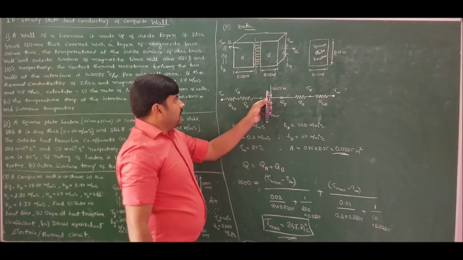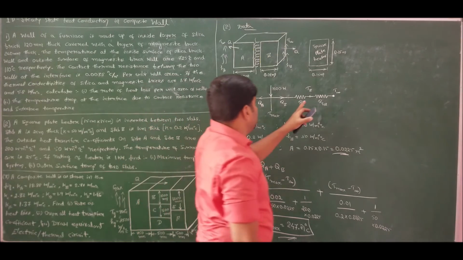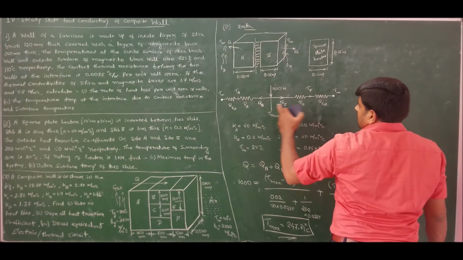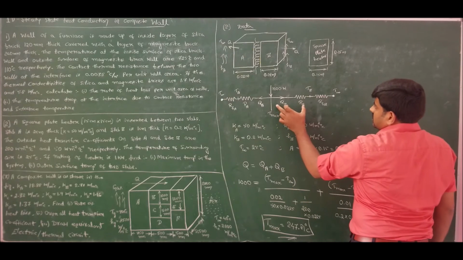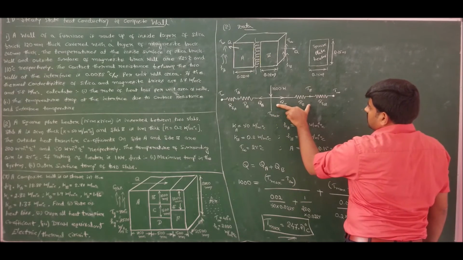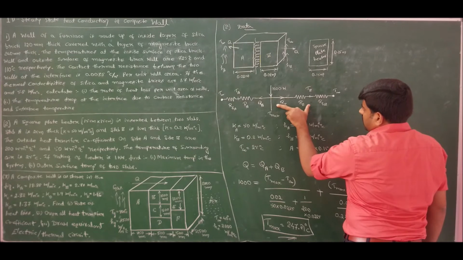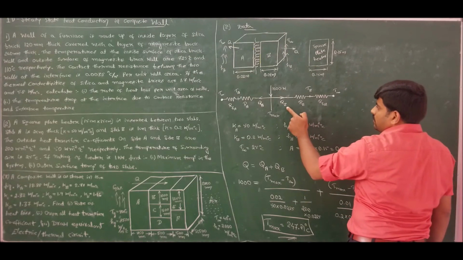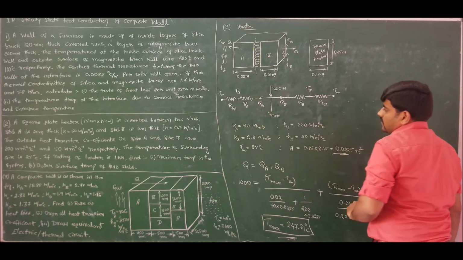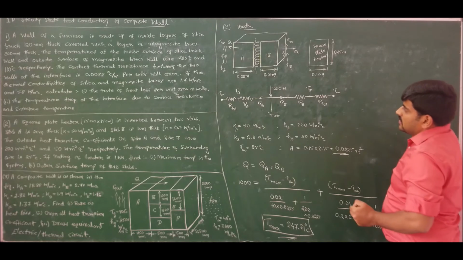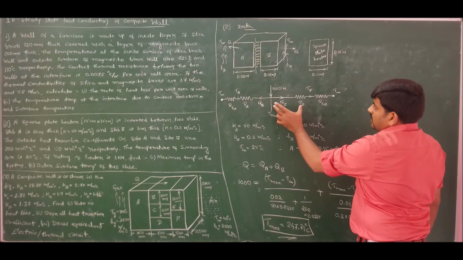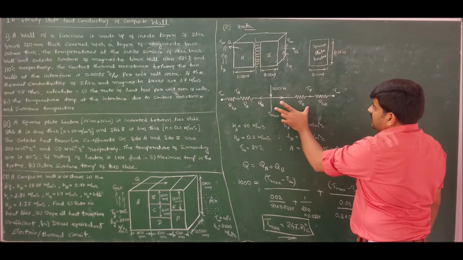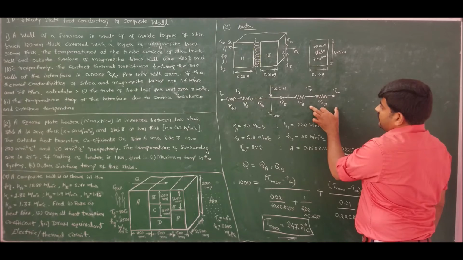Now to find TA and TB, we can equate the rate of heat transfer, or I can find the heat transfer QB and QA separately and solve. Now to eliminate that difficulty, what I will do is equate the rate of heat transfer happening from Tmax to Tb, which should be equal to Tb to T infinity.